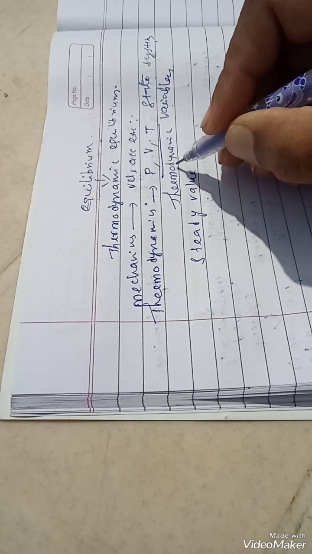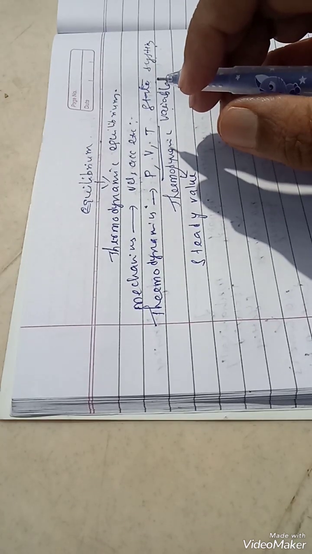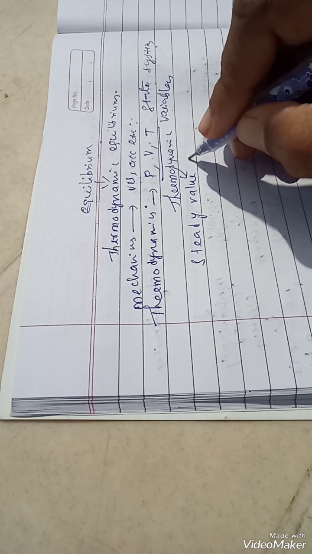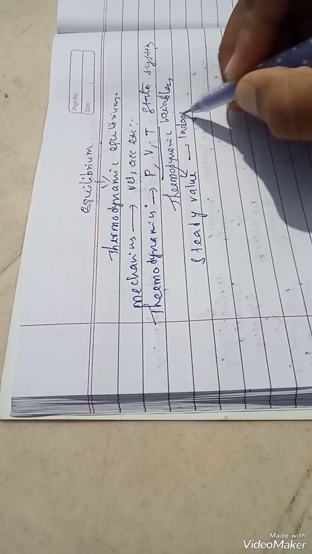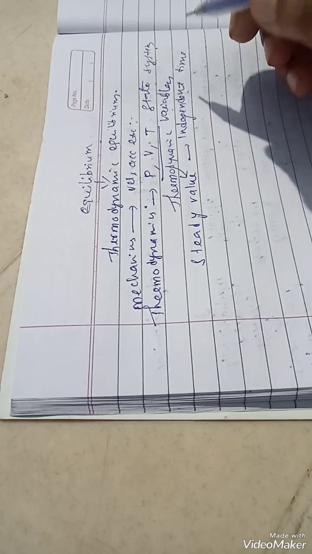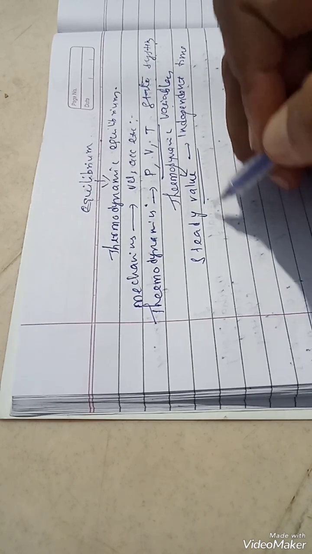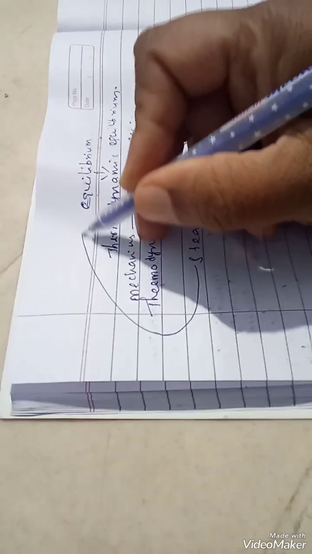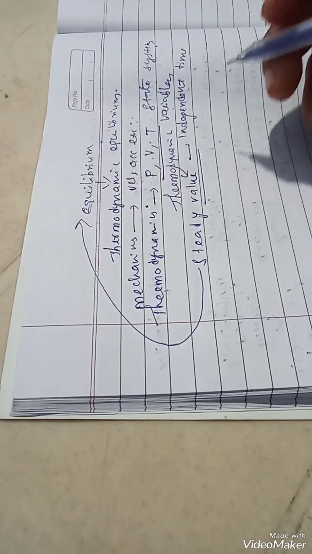Now next, when thermodynamic variables attain a steady value, here attaining steady value means they are independent of time. Then in such a situation, we say that the system is in equilibrium. So what is equilibrium?